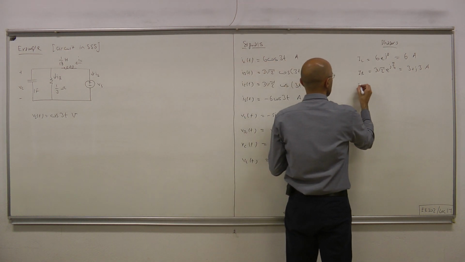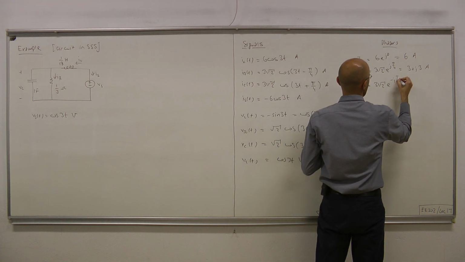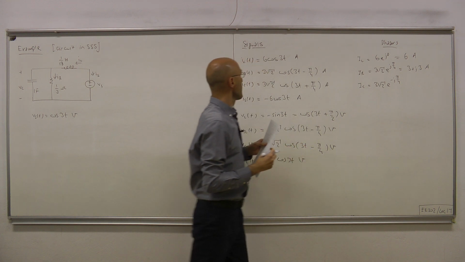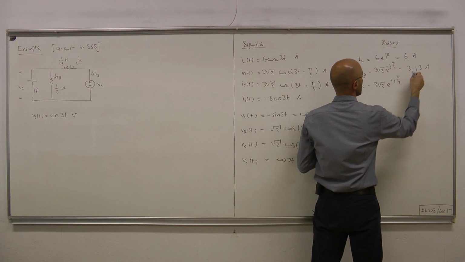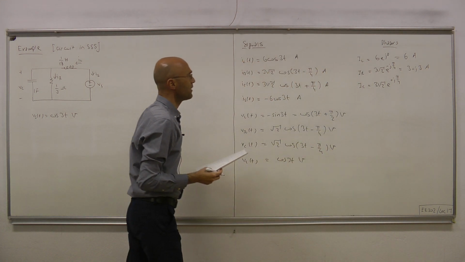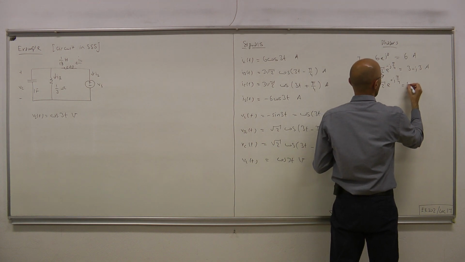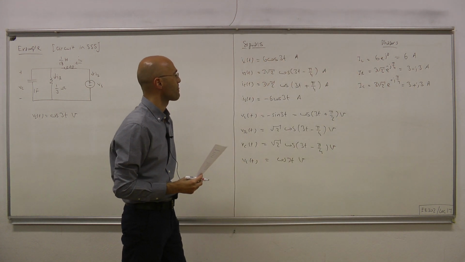Then we have IC, which has e to the minus j pi over 4, so that makes a minus here, and here we have 3 plus j3 amps.